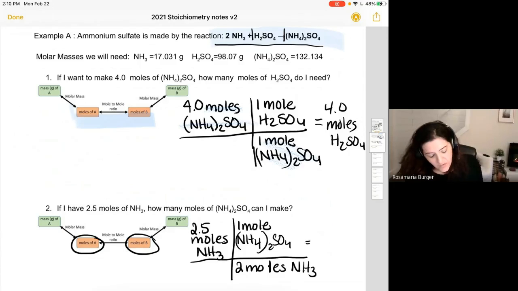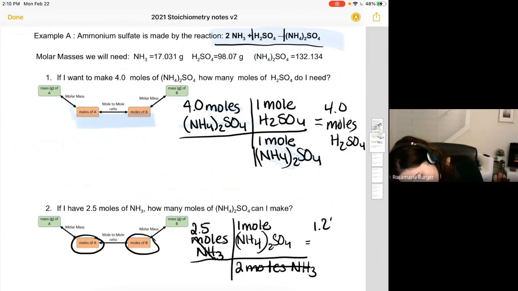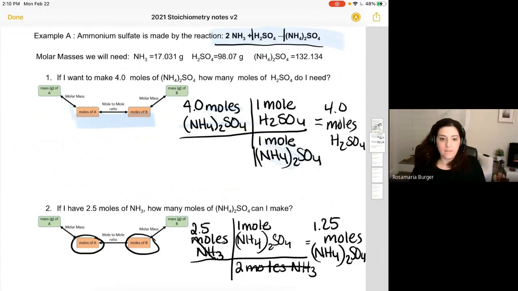So I have to do 2.5 moles of ammonia and divide it by 2. So it's going to get me 1.25 moles of NH4 2SO4. Okay, that was just a mole to mole conversion.